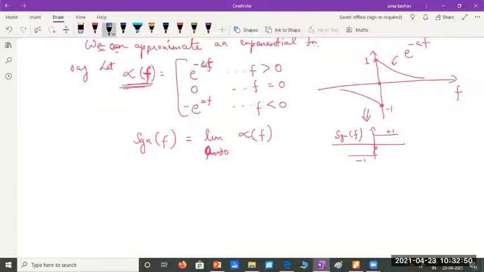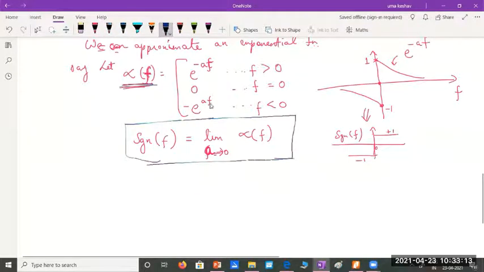So surely the exponential function satisfies the Dirichlet's condition of Fourier transform. So we will represent a new function using exponentials, and we will say the signum function can be approximated or obtained by using the limit of scaling factor a tending to 0 and the function alpha of f.